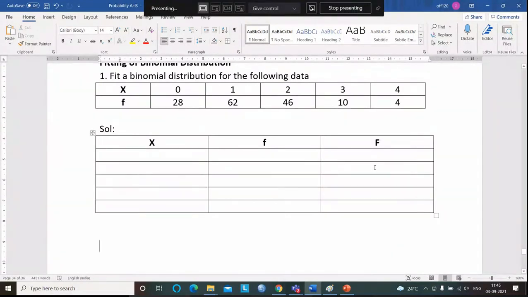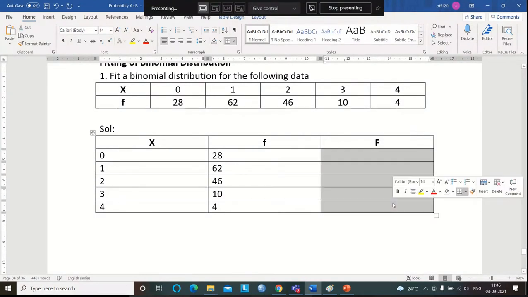So how do we find out these expected frequencies? Already these observed frequencies are given to us. Let me write over here so that it will be clear for you. It is 28, 62, 46, 10 and 4. Now, I need to find out this column values.